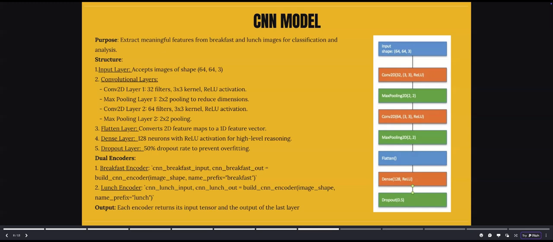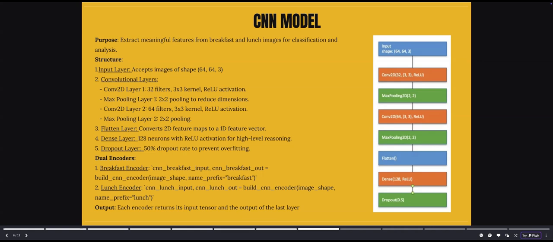Then we have the convolution layers, which can be divided into convolution 2D layer and max pooling layer. Firstly, the convolution 2D layer takes 32 filters with 3 by 3 kernel and ReLU activation, and max pooling takes 2 by 2 pooling to reduce dimensions. Then the convolution 2D layer takes 64 filters with 3 by 3 kernel and ReLU activation, and max pooling again does 2 by 2 pooling.